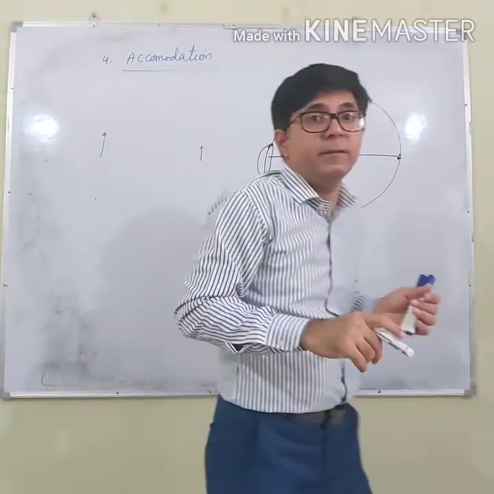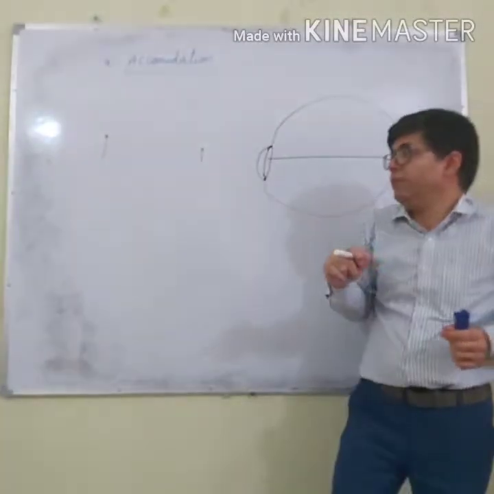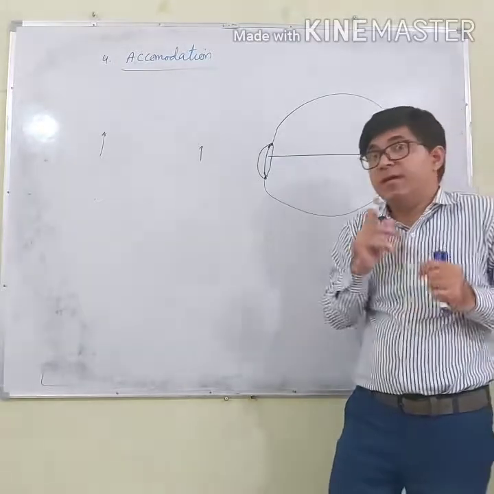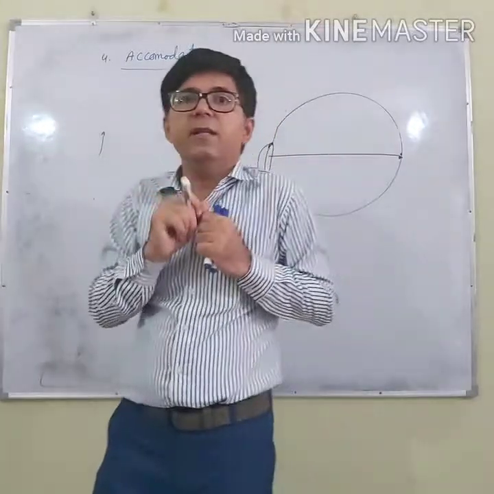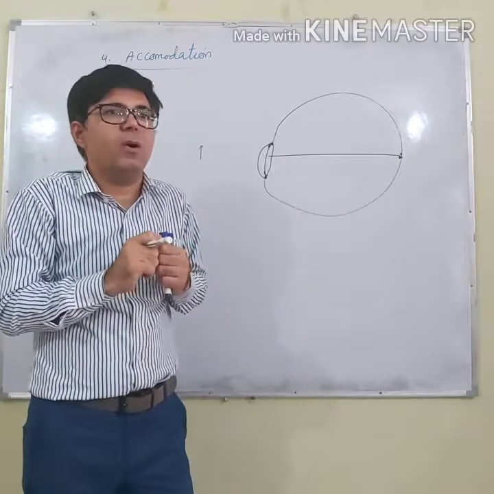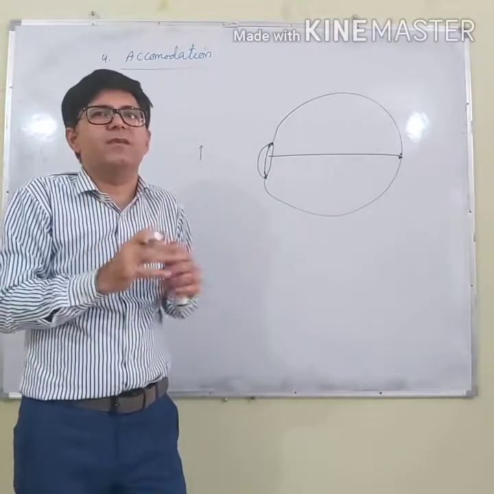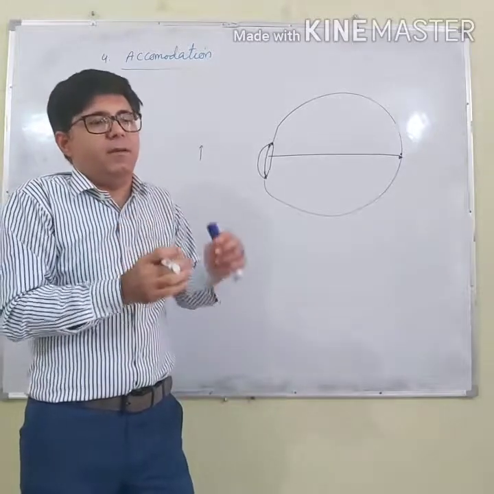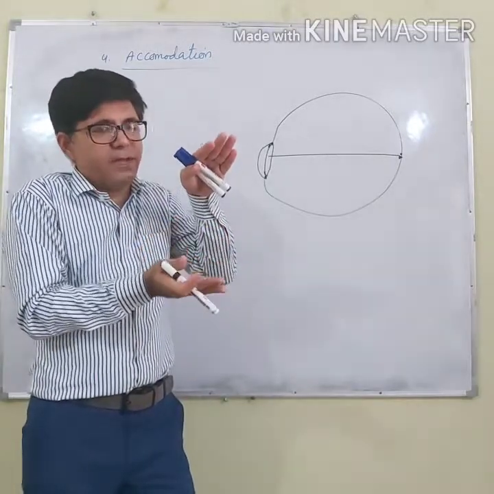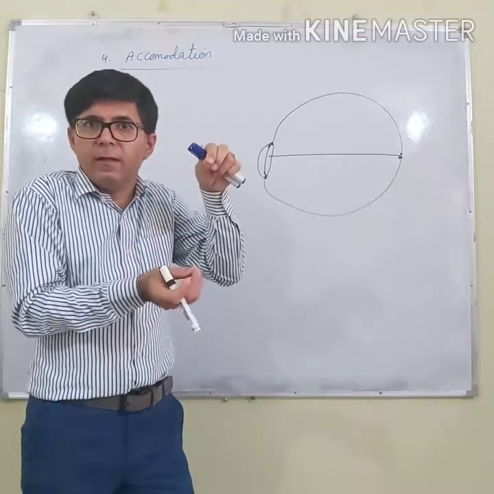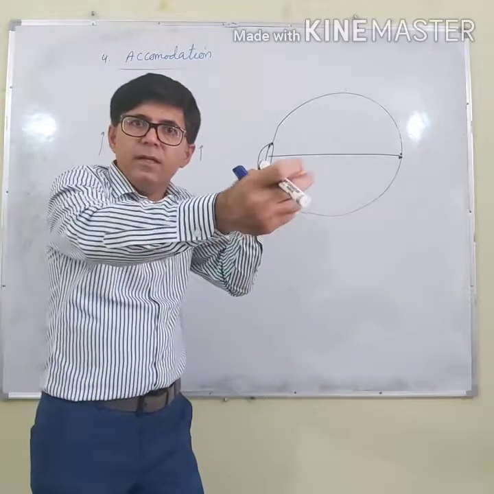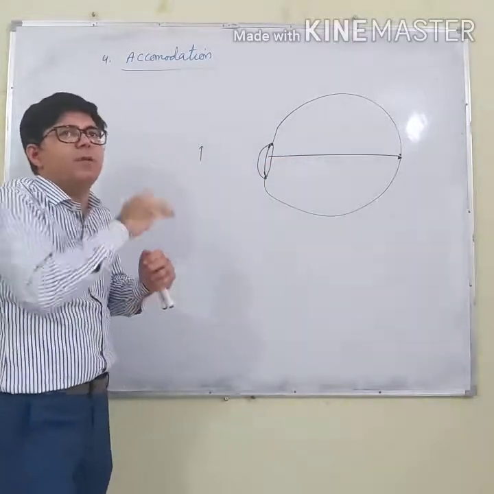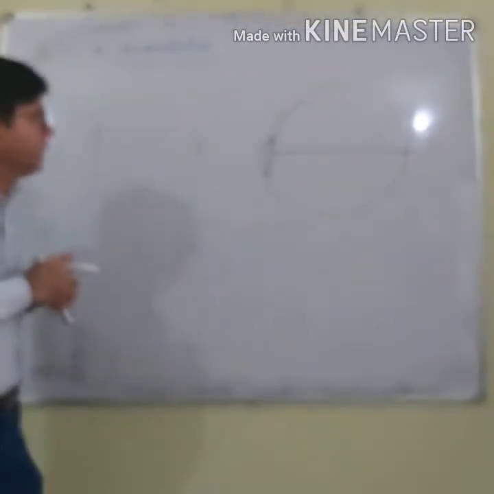In multiple choice questions, it comes: while looking at far away objects, ciliary muscles are relaxed, contracted, can't say, none of these. In that case, our ciliary muscles are relaxed, because when they are relaxed, the eye lens becomes thin and its focal length increases, and we are able to see the far away object clearly.